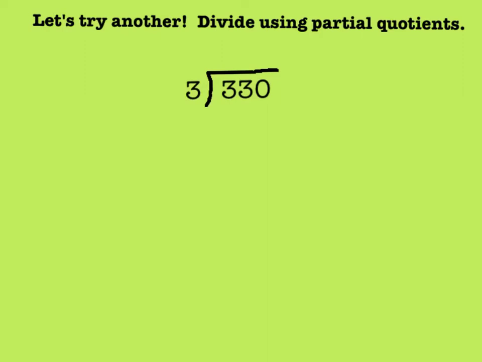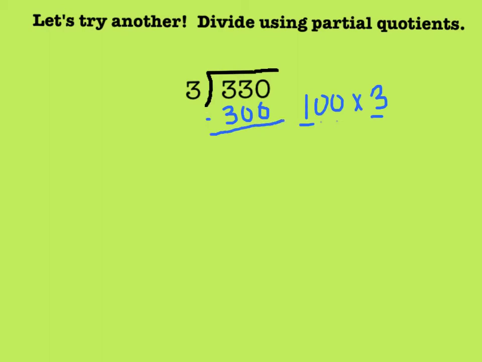I'm going to think, what times 3 would be close to 330 that I could subtract? Well, what about 100 groups of 3? I know 1 times 3 is 3, and then if I put my 2 zeros, that's 300. I can subtract 300 from 330, can't I?